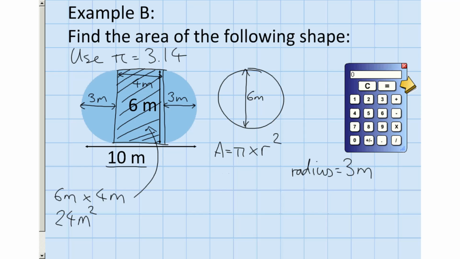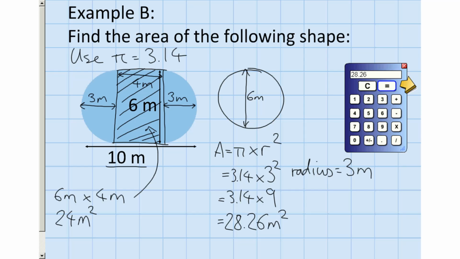So substituting that into our formula, it's 3.14 times 3 squared. I can square 3. 3 times 3 is 9, so it's 3.14 times 9. Using my calculator, 3.14 times 9, we get 28.26, and this is an area, so it's meters squared.